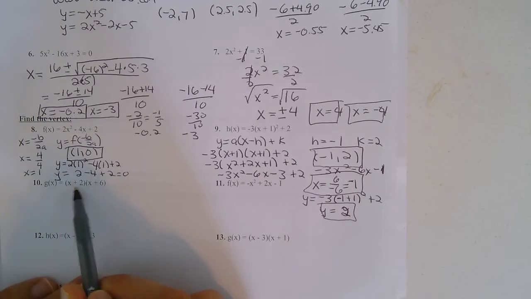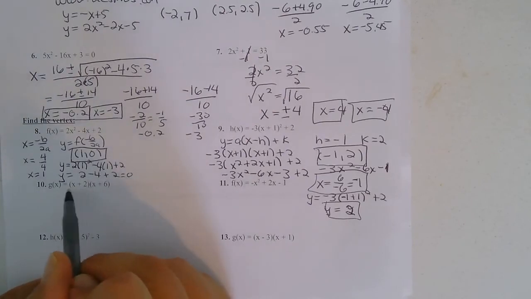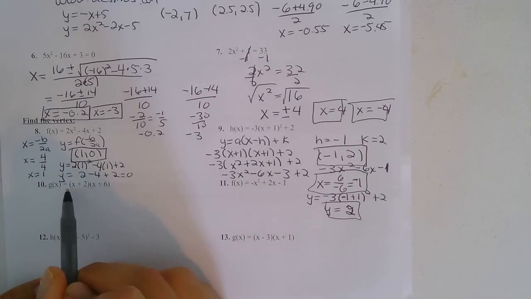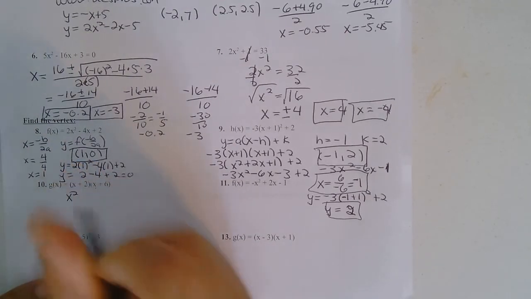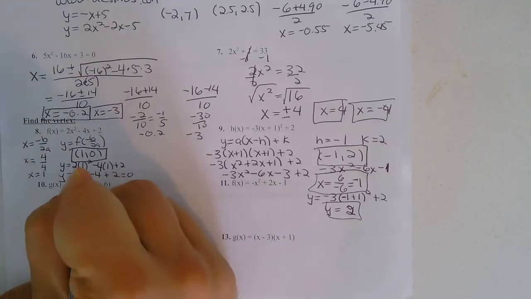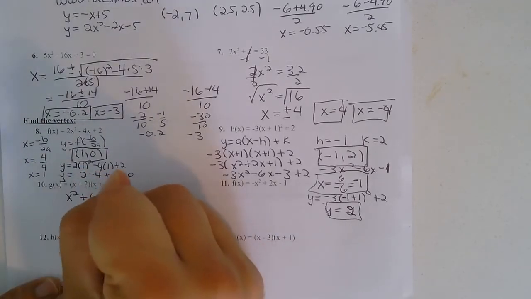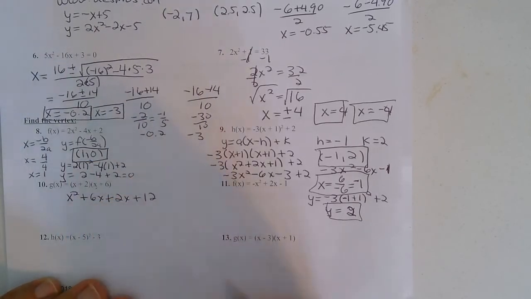So now here, if we have it in factored form, one way to find the coordinates of the vertex is to move this to standard form. So x times x is x squared. X times 6 would be plus 6x. 2 times x would be plus 2x. And then 2 times 6 would be plus 12.